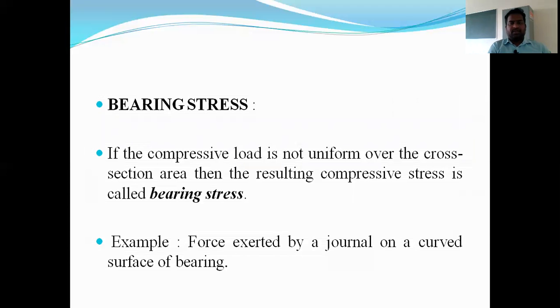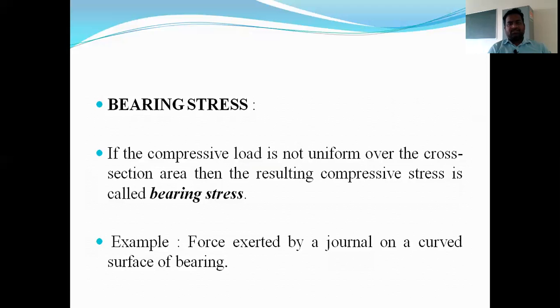And coming to the bearing stress, it is also related to the compressive stress, but the compressive stress is acting equally over the area of cross section, whereas bearing stress is not uniform over the area of cross section.